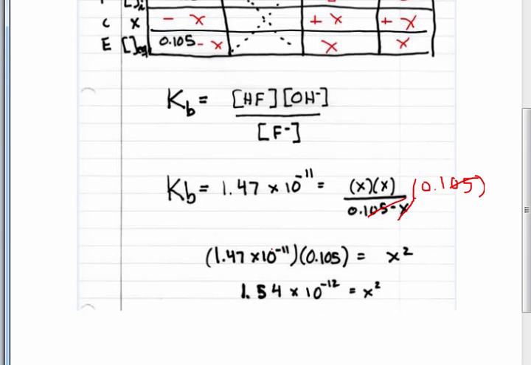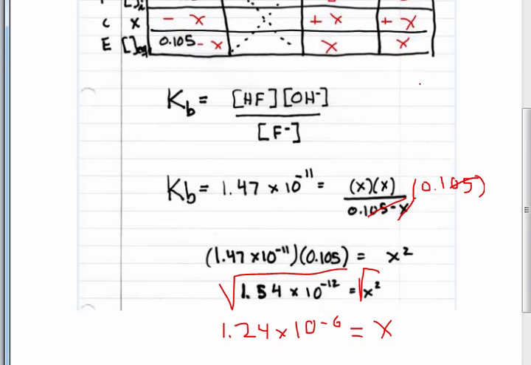When I multiply 1.47 times 10 to the minus 11 by 0.105, I get 1.54 times 10 to the minus 12. Then I take the square root of both sides to get x, and I get 1.24 times 10 to the minus 6 is equal to x. I want to be sure to check my 5% rule, even though I can clearly see that it's going to work here. This amount is way, way less than even 1%, so I'm okay in eliminating my x in my subtraction.